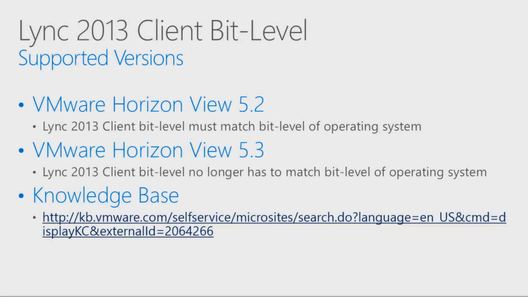What we found after we released it is we had some customers, for whatever reason, who already had a 32-bit version of Office, and they wanted to install it on their 64-bit operating system. And as you guys probably know, the folder path for a 64-bit version of Office versus a 32-bit version of Office is different.